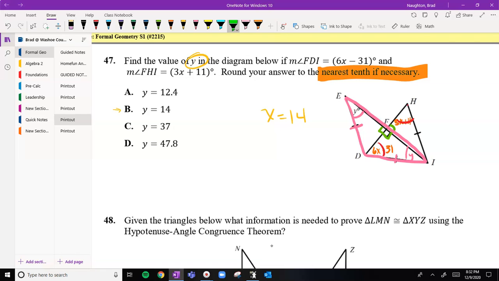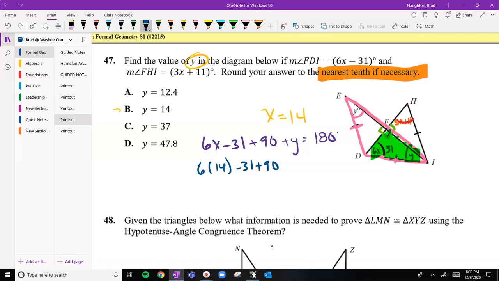So if I just highlight this triangle right here, I notice that we have 6x minus 31 plus a 90-degree angle plus y is equal to 180. I know x is 14, so I'm going to plug that in. And now we're just off to the races, going ahead and solving.